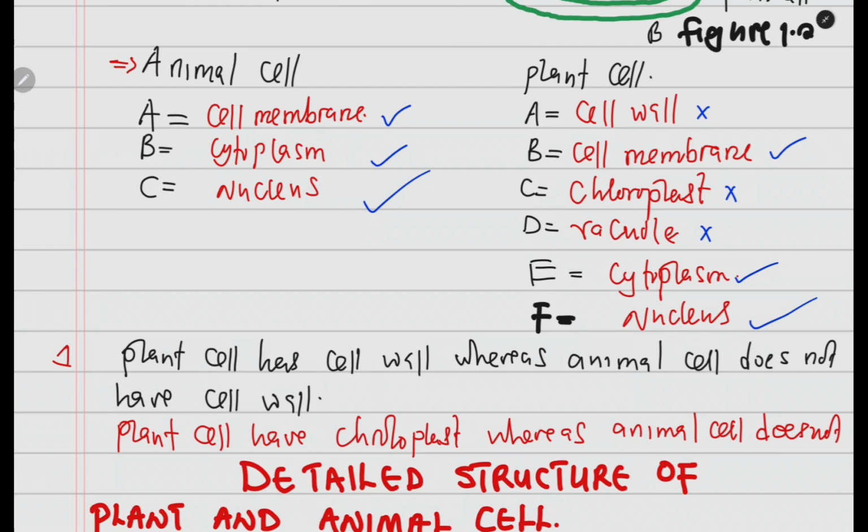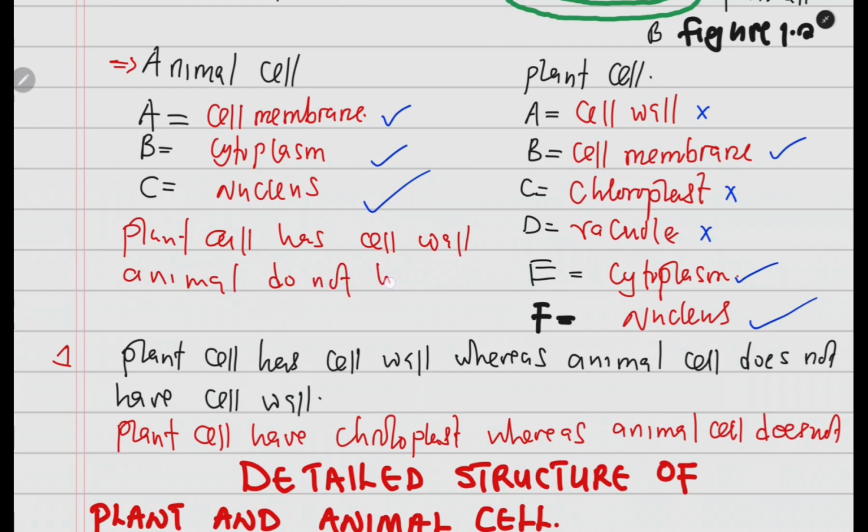Don't write plant cell has cell wall like this. Plant cell has cell wall. Then again you start another sentence. Animal cell does not have cell wall. I think you should not write this way, but present it in this form.